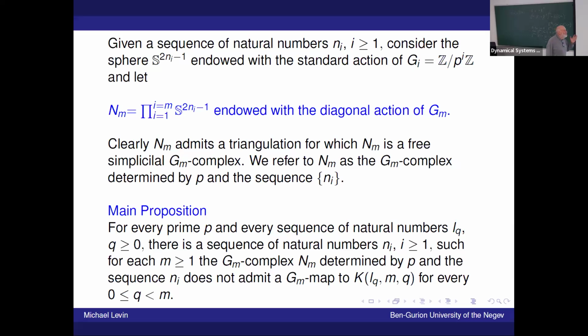Okay, what it means is that the action is by simplicial maps, and in addition, if we have a simplex invariant under the action of an element of the group, then the action of this element on that simplex is trivial. Okay.